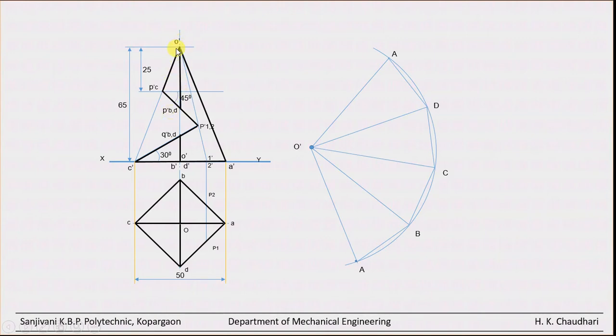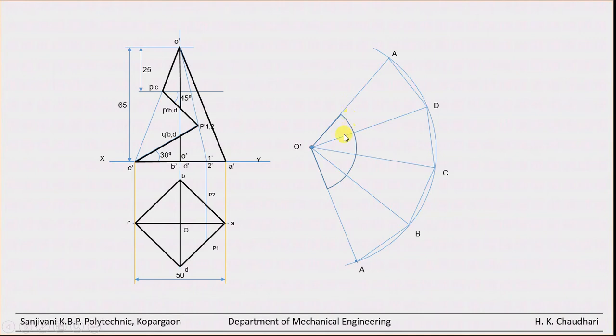But when it is exactly on these slant edges, then what to do? So what can we do here? Just measure this distance in the compass, and taking it as a radius we draw the curve here.